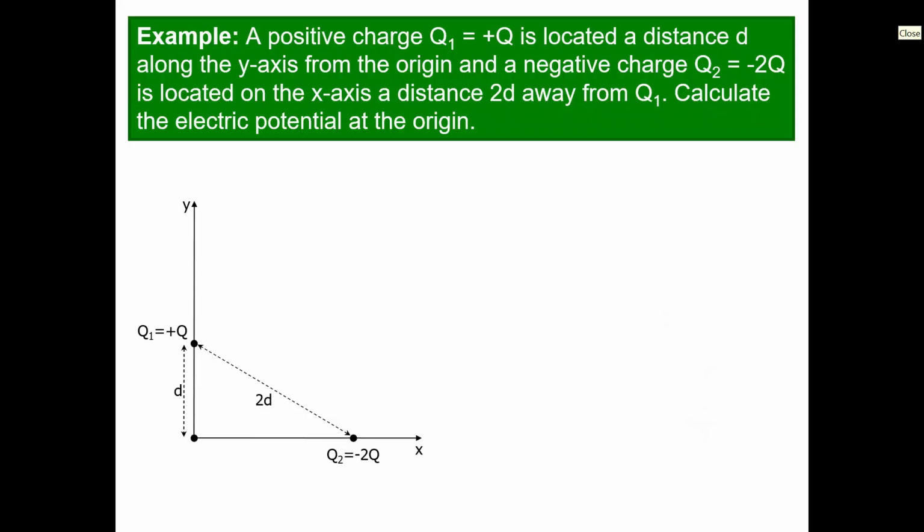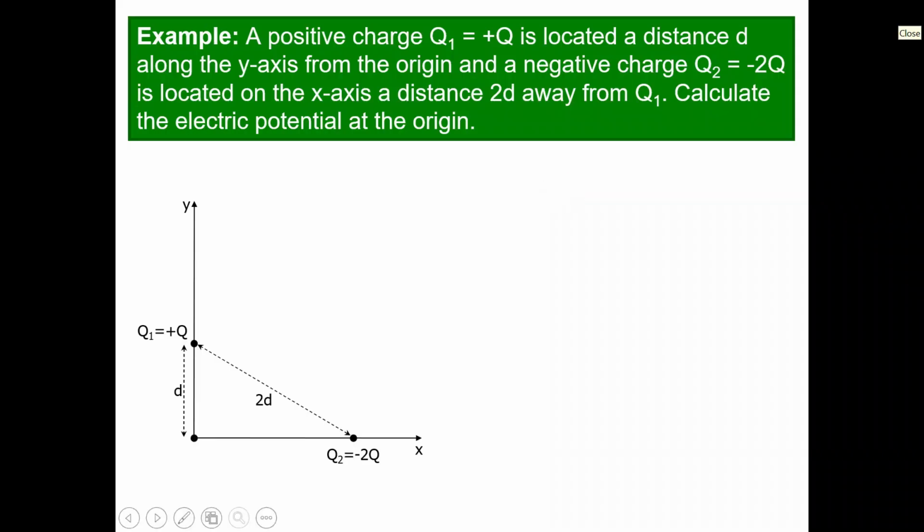But I need to have nothing at the origin in this case, so I removed the charge that was located at the origin, because with our equation, V is equal to KQ over R, if I had that charge at the origin, the distance would be 0, which would give me an infinite amount of potential, so that would not really be a good problem. So instead, we have nothing at the origin.